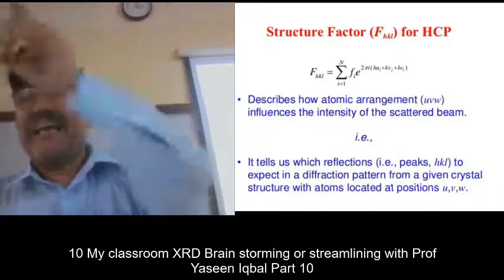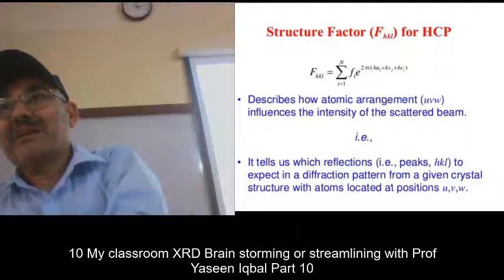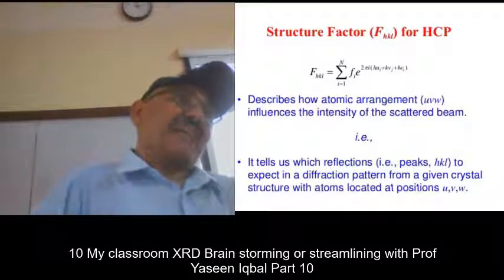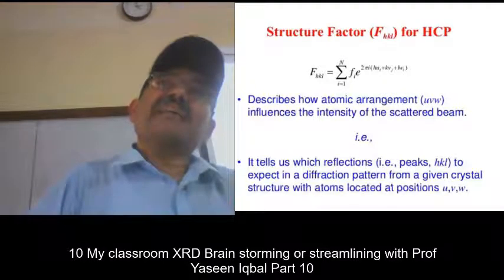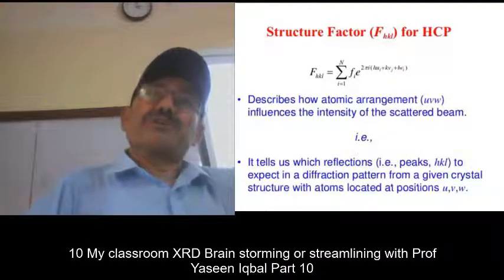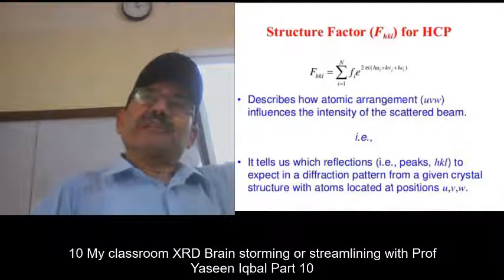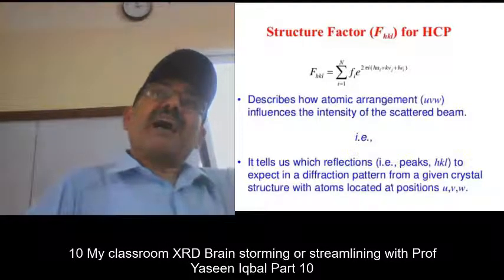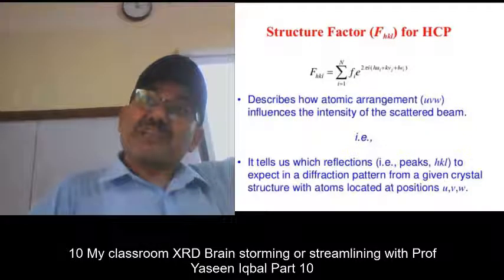H, K, L all even will give you one sort of value: 0 0 0, 2 2 2, 4 4 4, 6 6 6, 8 8 8, all will give you one sort of value.